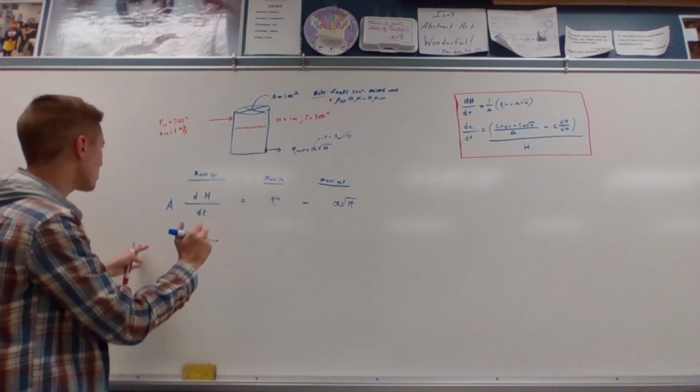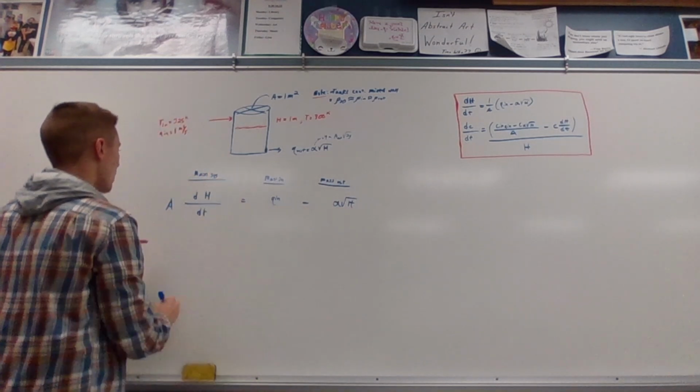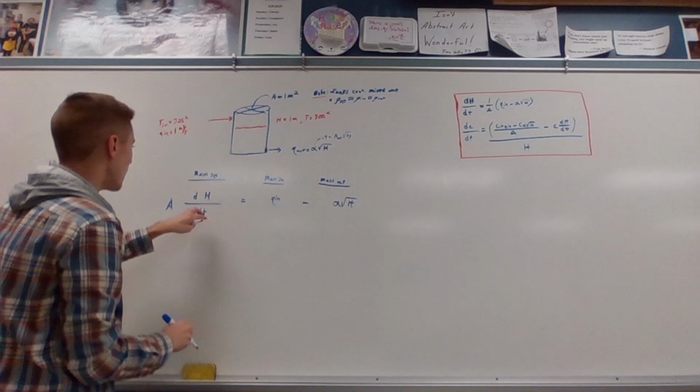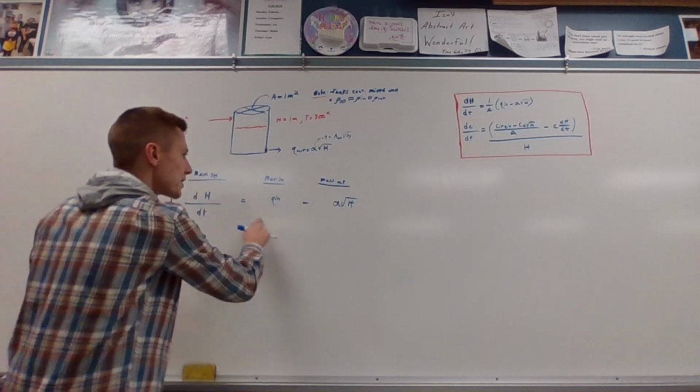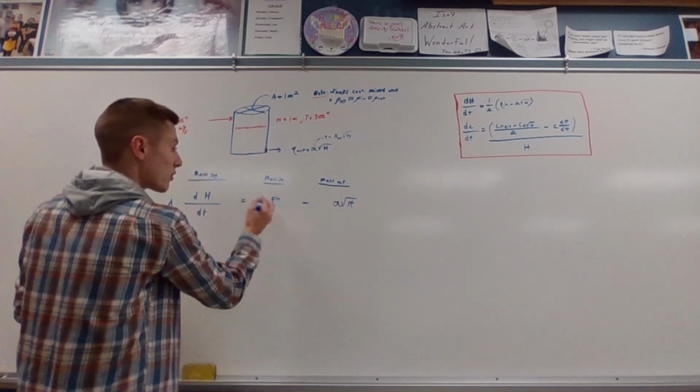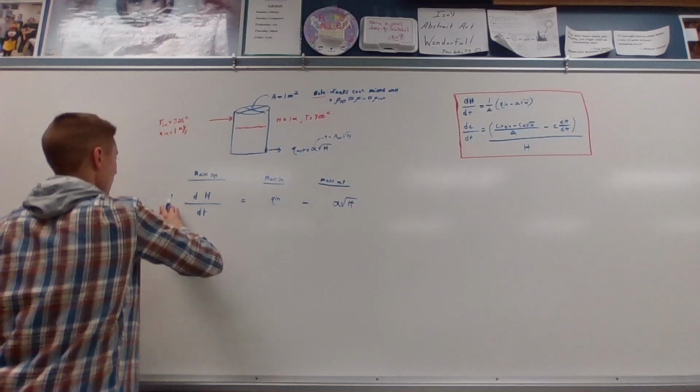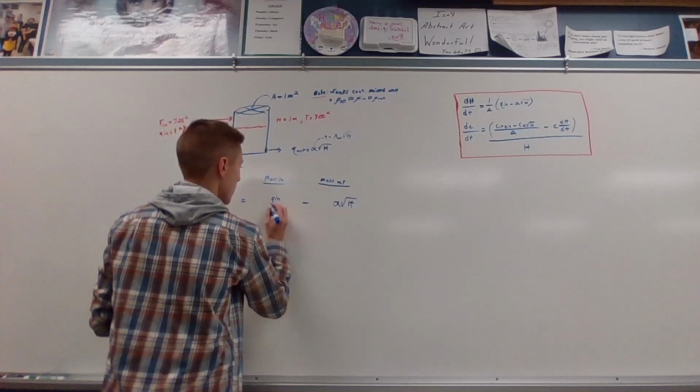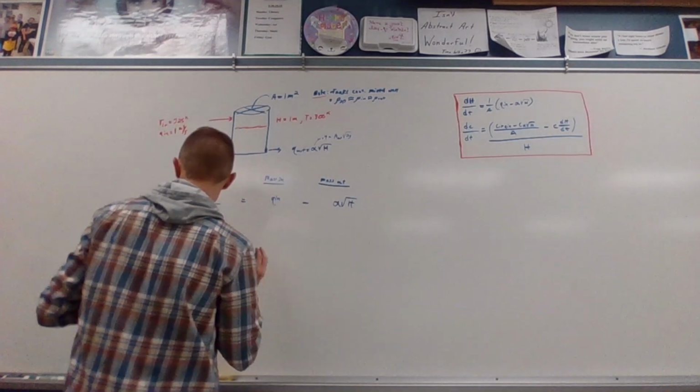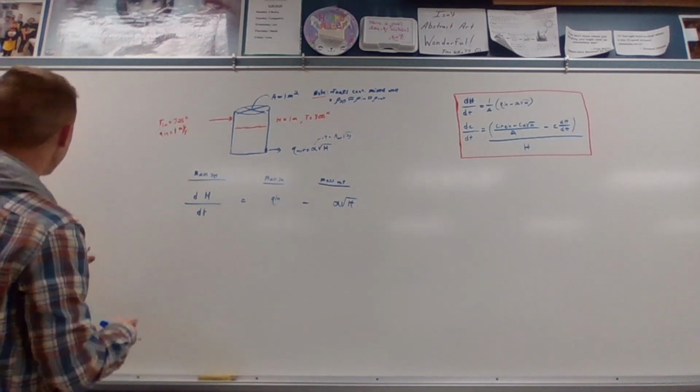And now, to finish this up, let's set this by itself by dividing the entire right-hand side by the cross-sectional area. By doing that, this gives us our first equation. We're going to have two equations.